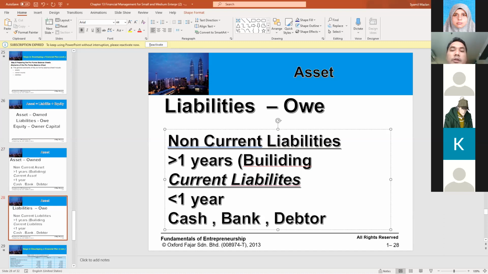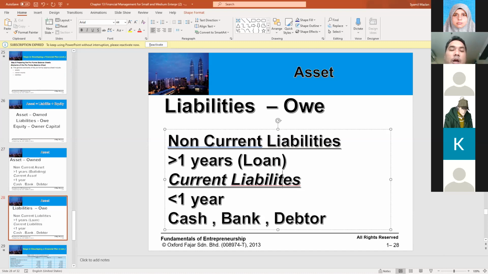Non-current liability is something that is more than 1 year. For example, like a loan. For example, you take a loan from a bank. You remember, right? If you are making a loan, you do not pay the loan within 1 year. For example, a car loan may be about 5 years, 7 years, or 9 years.